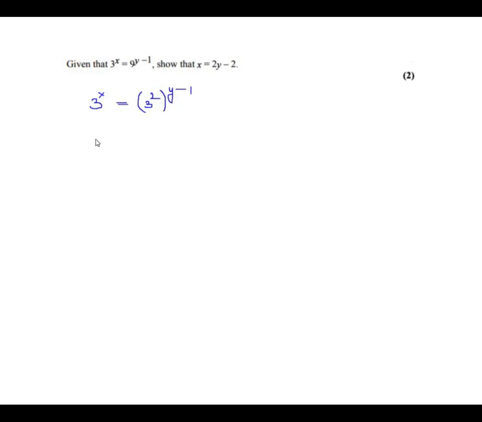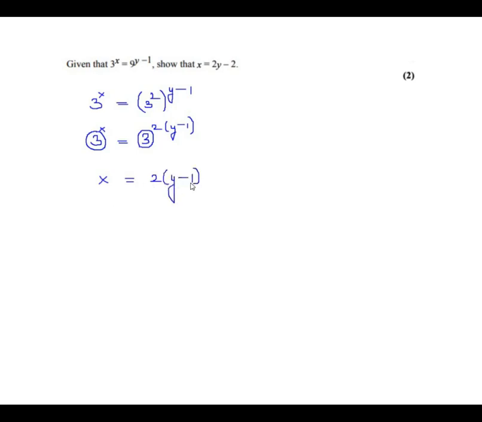So here we can further write it as 3 to the power of x equals 3 to the power of 2 times y minus 1. These two powers get multiplied. So we write it as 2 times y minus 1. Now since the bases have become same, we can directly equate the powers. So it becomes x equals 2 times y minus 1.